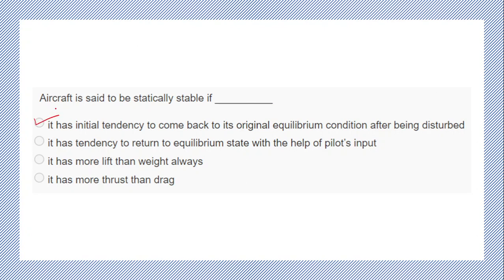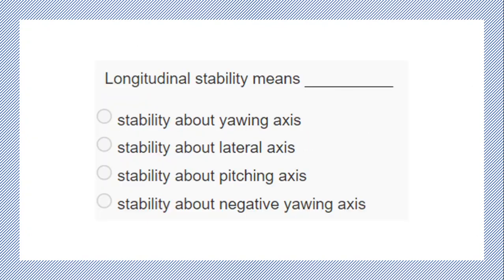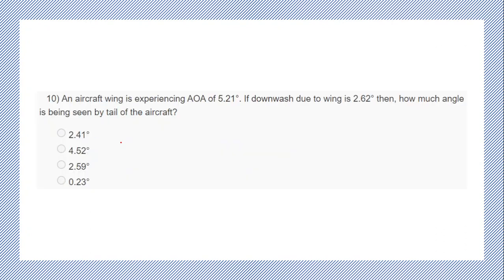This is the first point that we discussed when we introduced stability. Static stability is the initial tendency to come back. Longitudinal stability is about which axis? Pitching axis. Correct.